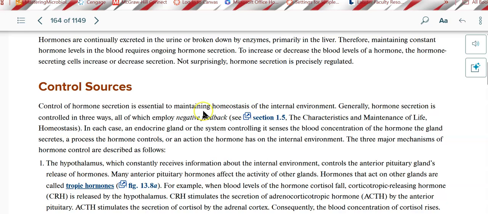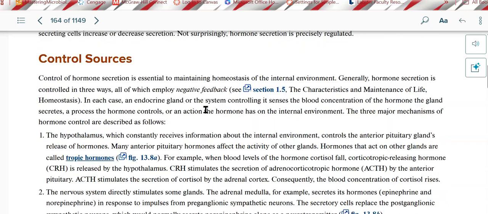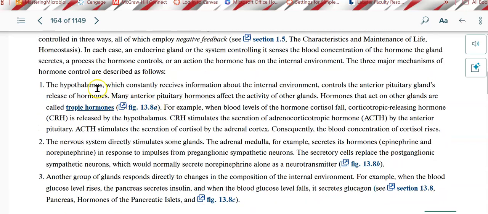Okay, so let's look at these three different ways that hormone secretions are controlled. One, the hypothalamus, which again, this is probably not a good way to say it, but the floor of the brain, constantly receives information about the internal environment, and it controls the anterior pituitary gland.